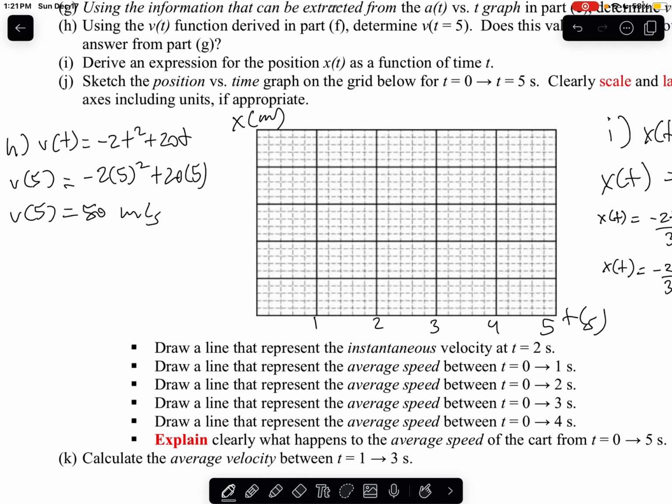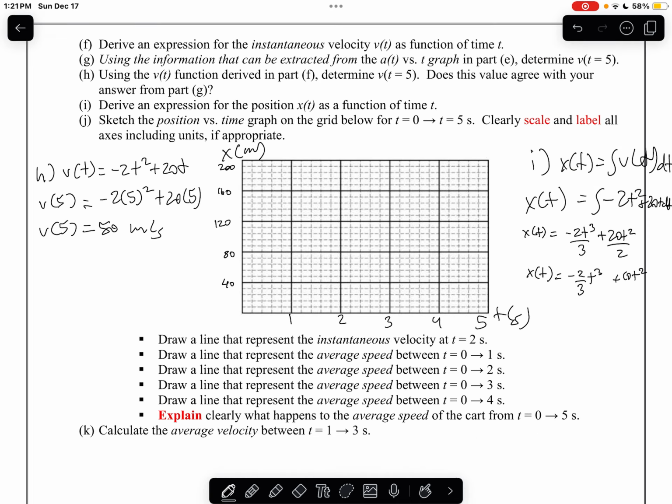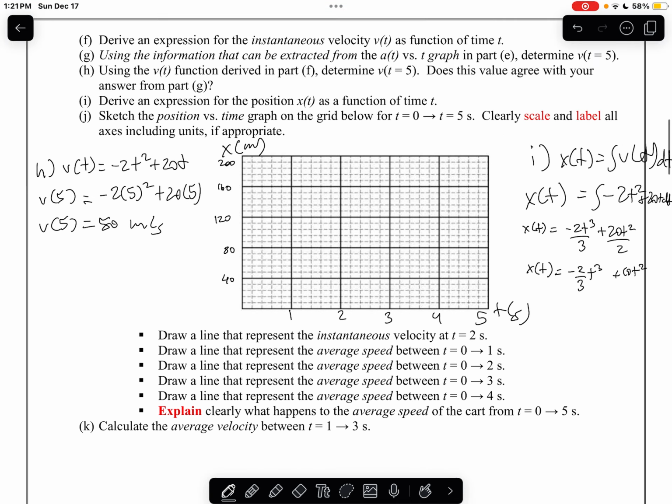I think I'm going to do this by 40, 80, 120, 160, 200.